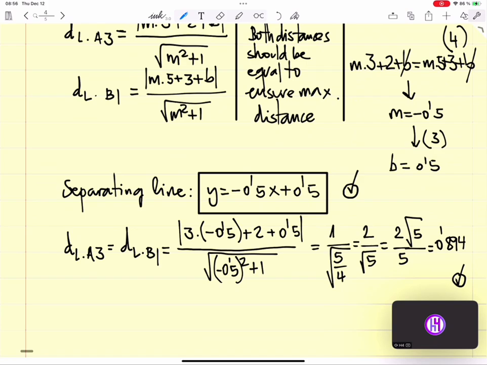To the question B, the support vectors are just the points A3, 3, 2, and B1, which is 5, 3.